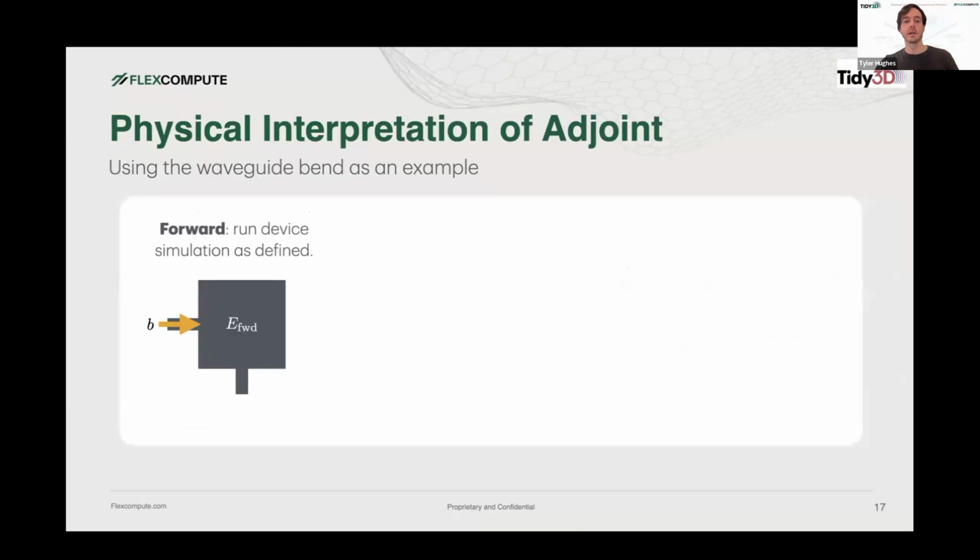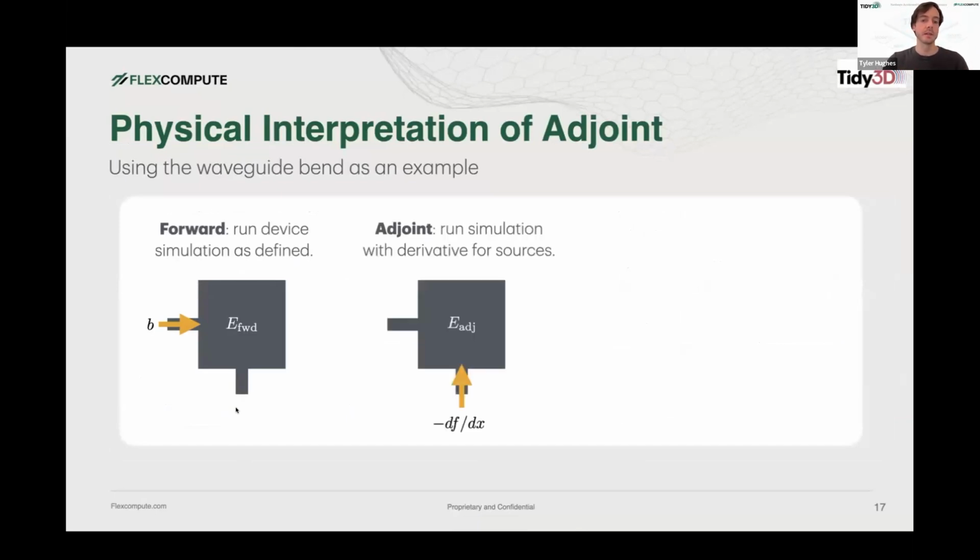So if we're doing some kind of, let's say, a waveguide bend problem where we're optimizing this middle region to transmit from left to the bottom waveguide, the original simulation might look like this, right? And because we're measuring the fields at the output port here, the adjoint simulation would place a source where we're measuring our fields, and then it would inject a source back into the simulation where the source phase and amplitude are proportional to this df dx.